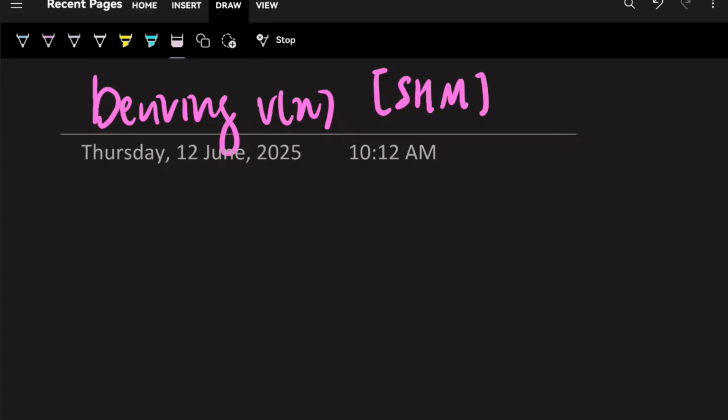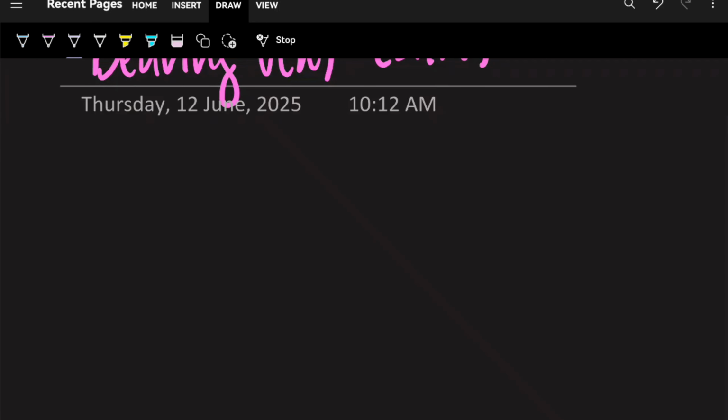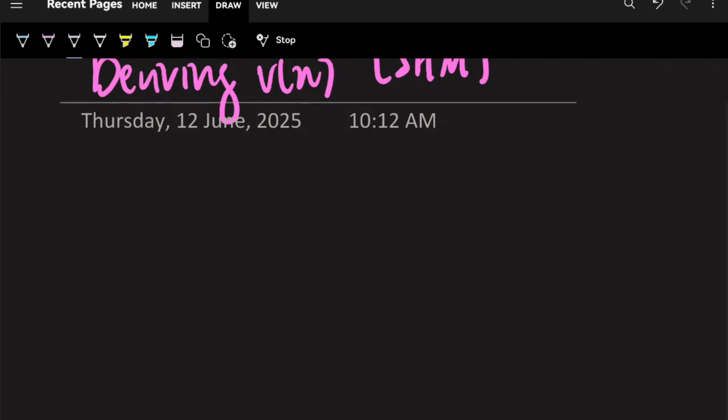Okay, so if you're thinking, what velocity function am I talking about? You might have forgotten, or you're just not sure what I'm even talking about.